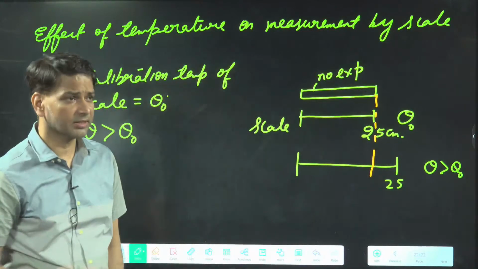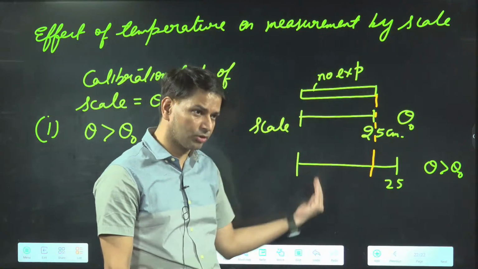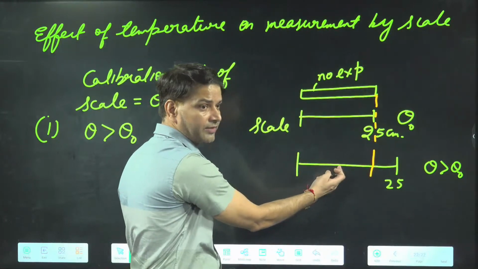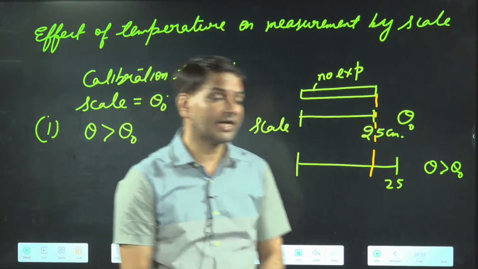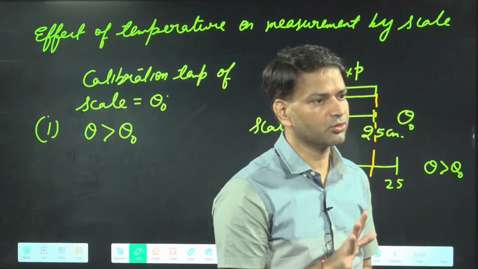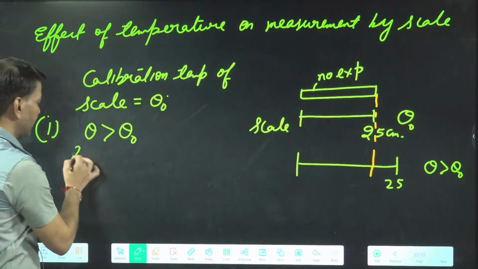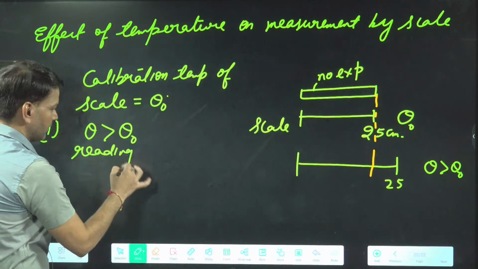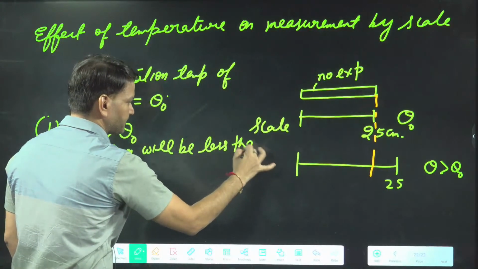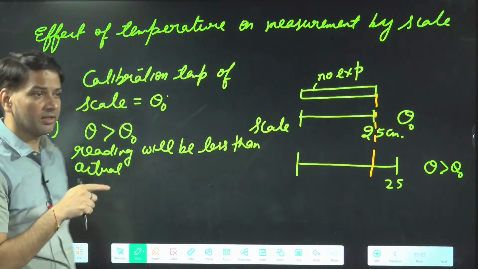Similarly, if I am using this scale below the calibration temperature, what will happen? This 25 will shift to the left. So in that case, you will measure the length more than actual. Understood or not? So the reading will be more than actual.